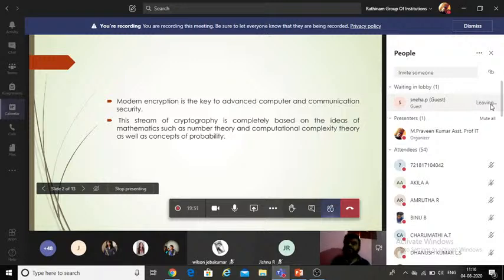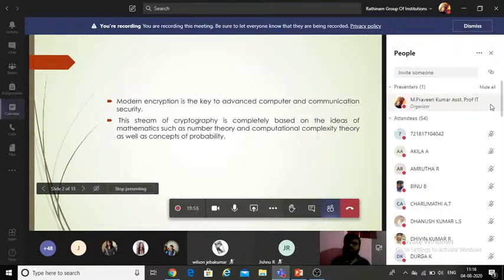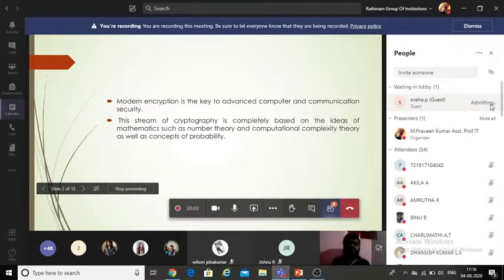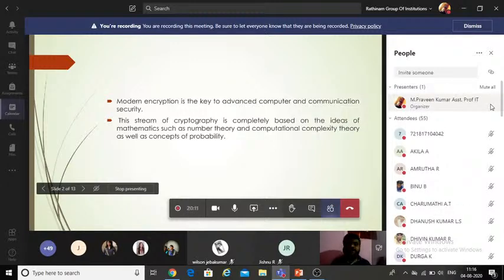In the last class we have seen that some new keys will be defined, or generated, and that key is used to lock your message, to protect it from the third party. So I can name it as encrypting my message, right? Clear? That is the purpose of number theory.